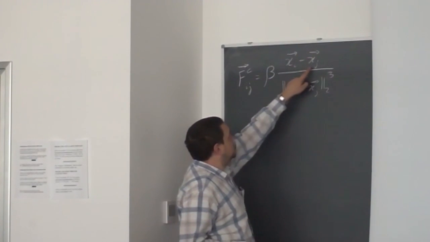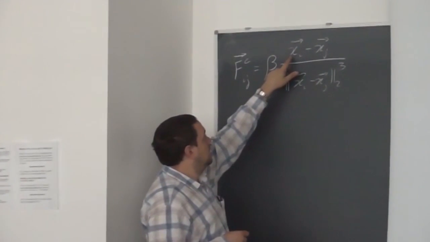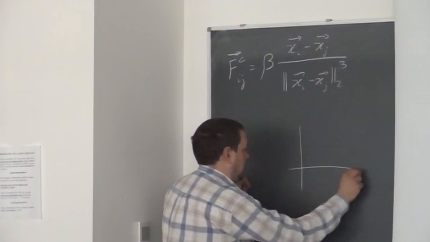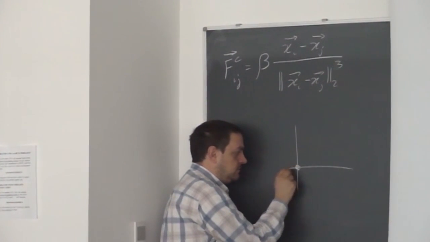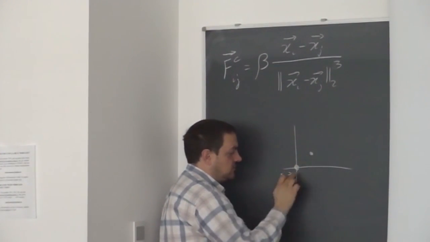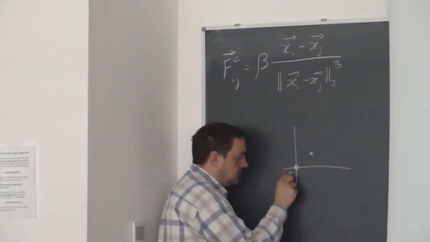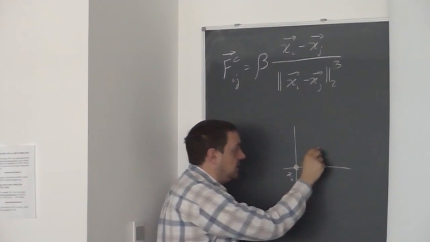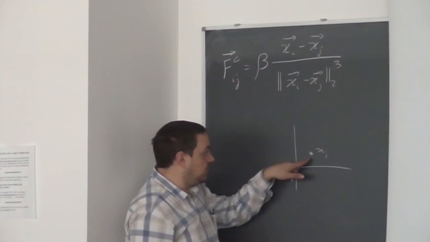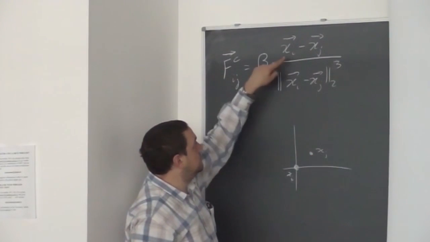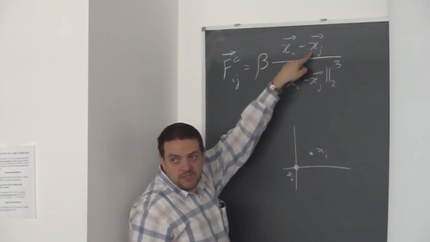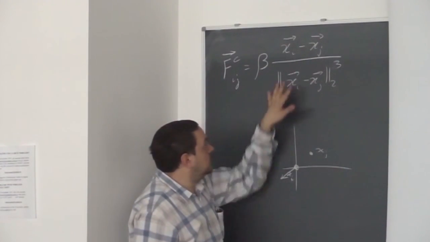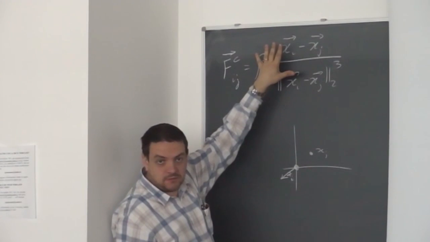So this way, you see, suppose that xi is in the origin of the axis, and xj is somewhere here with positive coordinates, this difference will be negative, which is fine because we want the force to be repulsive. So the sign should be correct like this.